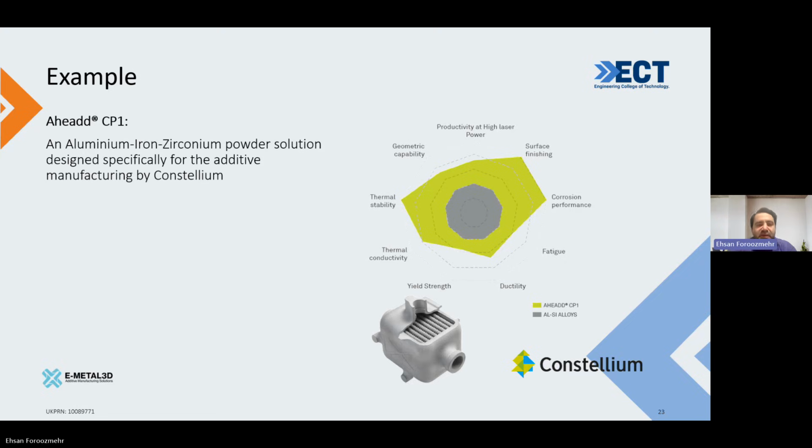As you can see, the normal aluminum alloy properties are shown as this gray section, as a normalized property. Then we have the CP1 property as the green one. And as you can see, the properties at some points are stretched to provide better properties, like corrosive environment, surface finish, or thermal conductivity, which is very important for heat exchangers, for example. And that has been a very successful try on this specific alloy.